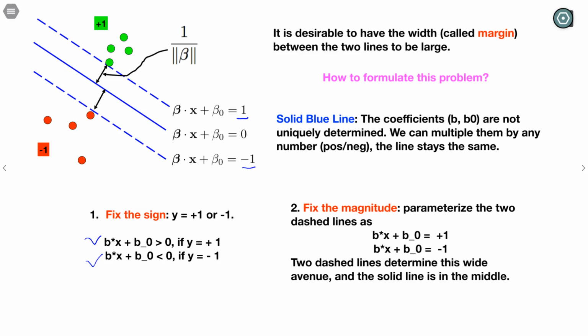By doing this, we fix the scale, and so now those lines are uniquely determined. Next, we want to find out how to measure the margin or the width of the avenue. You're going to find out that half of the width of the avenue is actually equal to 1 over the norm of the slope vector.